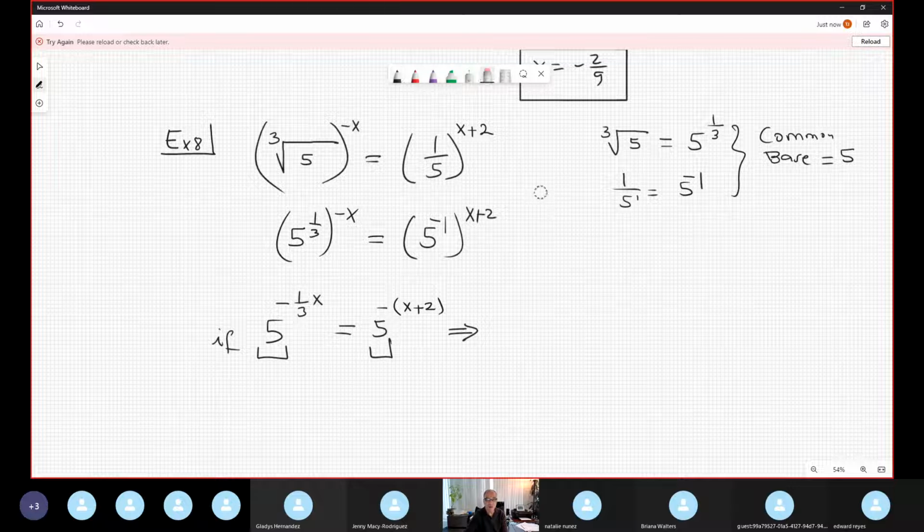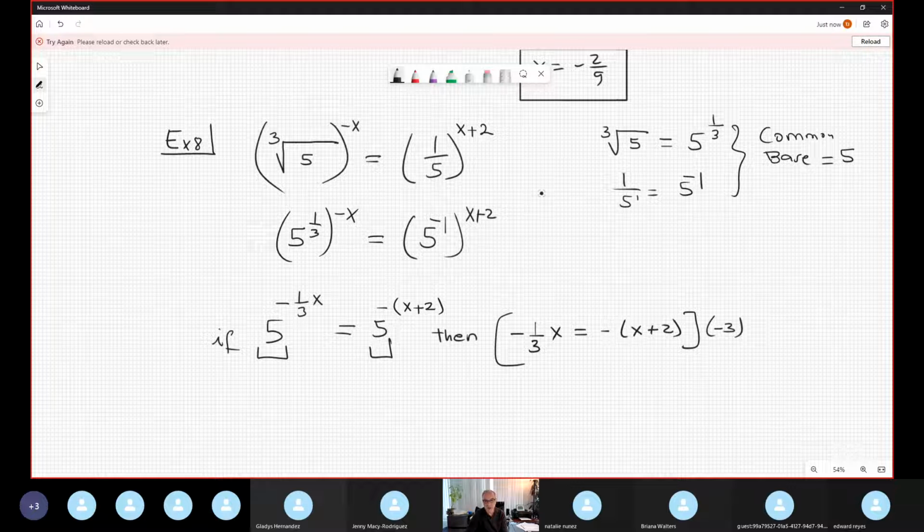Again, we have two exponential functions with the same base, so either way, using the language of if-then, the conditional: negative 1/3 x equals negative x plus 2. Double negative. You multiply the entire equation by -1 if you want positive, but I prefer to eliminate the fraction, so I multiply the entire equation by -3.